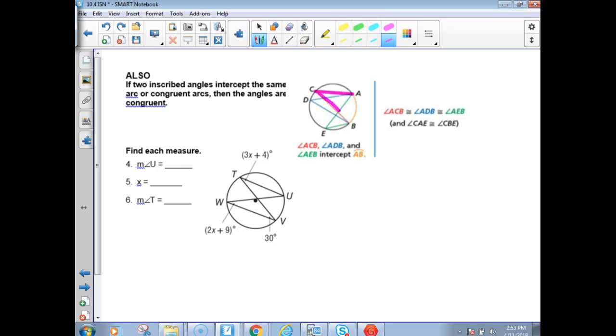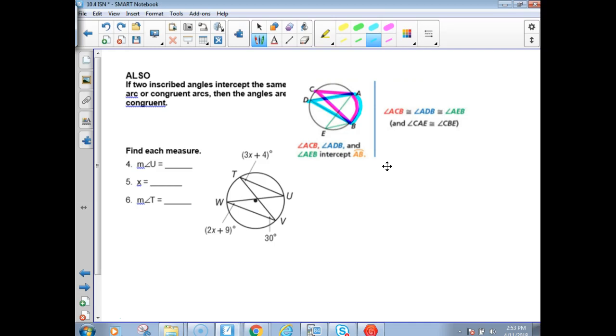So if you see angle ACB, the arc that it intercepts is arc AB. Then you have angle ADB. Well, it has A and B as those last letters also, so it intercepts the same arc.